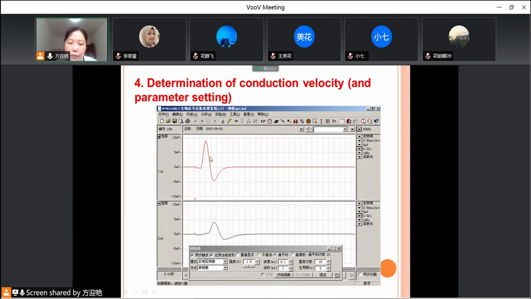This one is about 0.02 second, and according to this, about half of that. Then this distance means that the time is 0.02 second, and 1.5 of that means about 0.03 second.